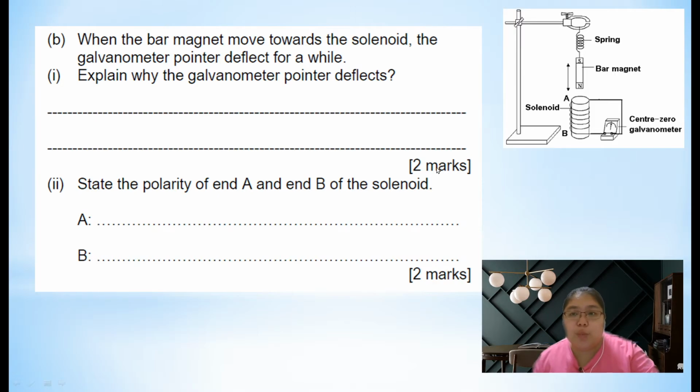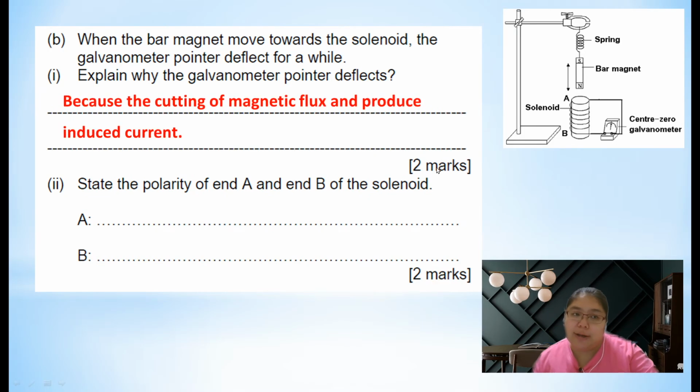Because when the magnet oscillates into the solenoid, it will cut the magnetic field line. When it cuts the magnetic field line, that means it produces an induced current. So this is a 2 marks answer. Because of the cutting of the magnetic flux, you can say flux, you can also say field line, and produce an induced current.